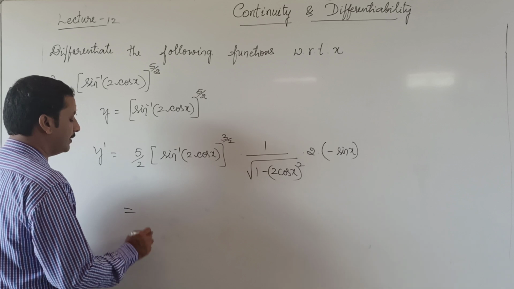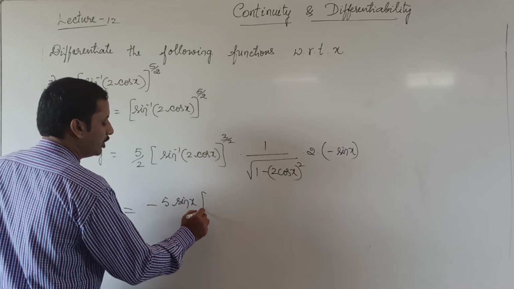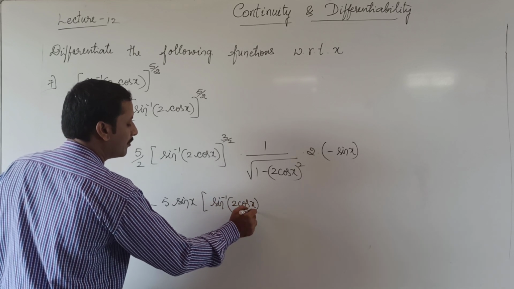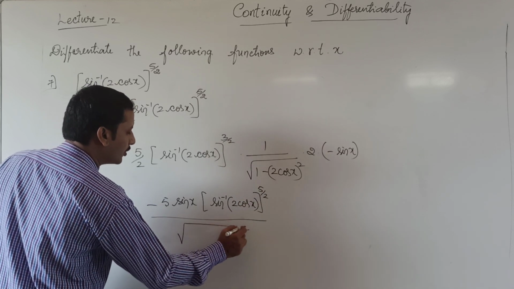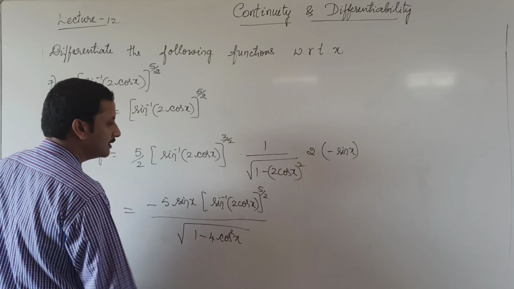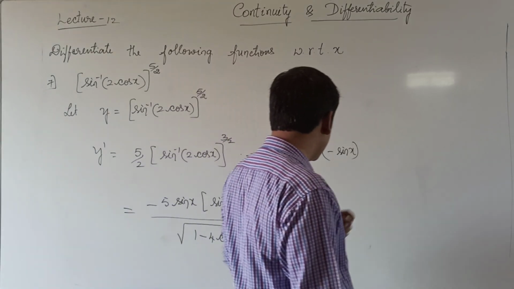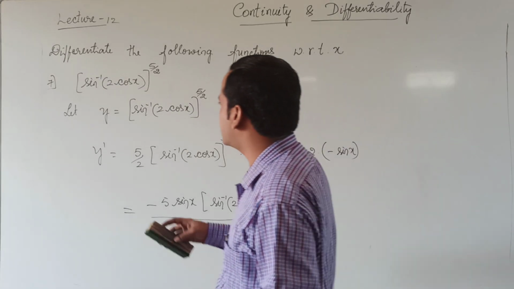So the answer will be minus 5 sin x into sin inverse of 2 cos x whole power 5 by 2, divided by root of 1 minus 4 cos square x. Here 1 minus (2 cos x) whole square, that I write as 4 cos square x. Okay, let us look at the next question now.